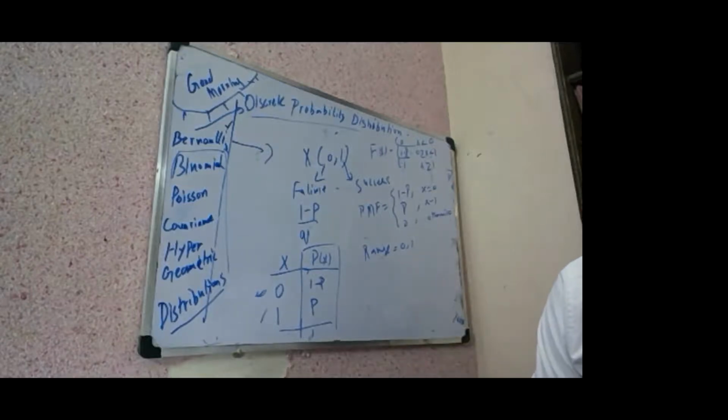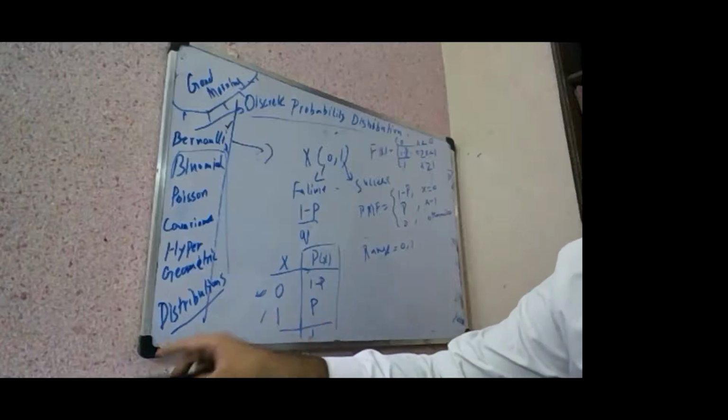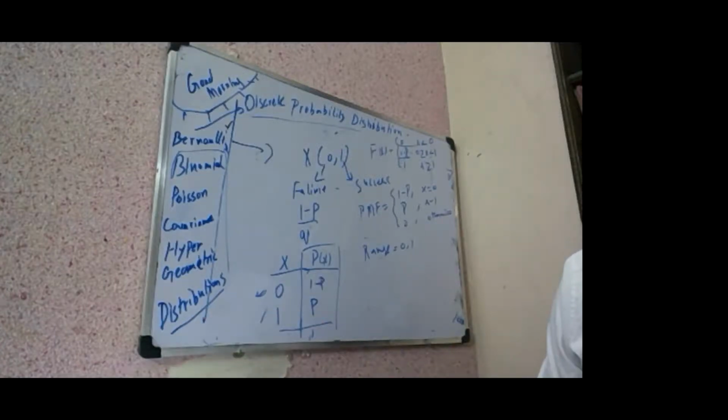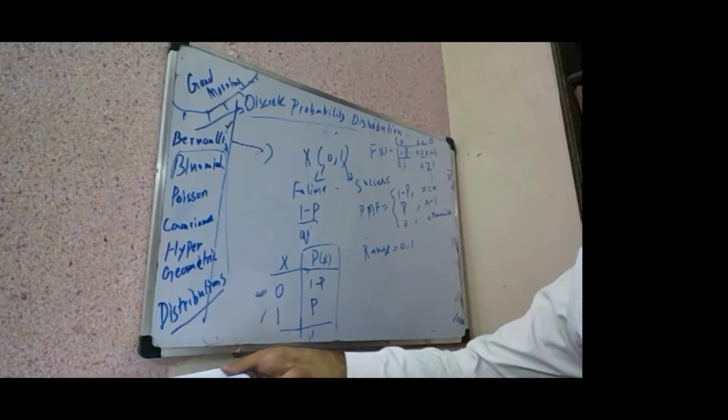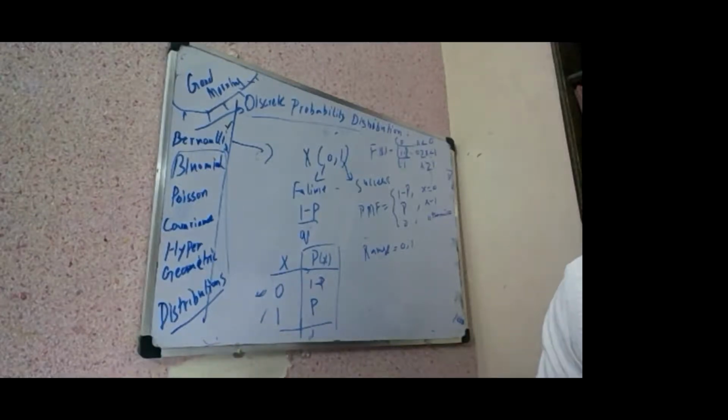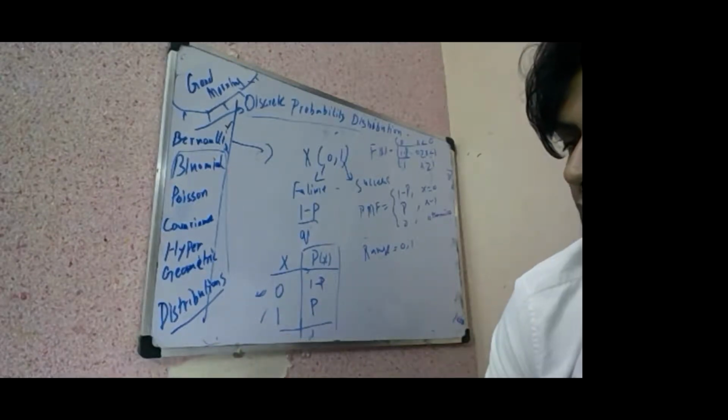Now, if you remember, we used to construct a histogram to get the shape of the distribution, as I told you before. Here we don't have a histogram when we are dealing with this specific kind of probability distribution. So parameters play an important role in this case.